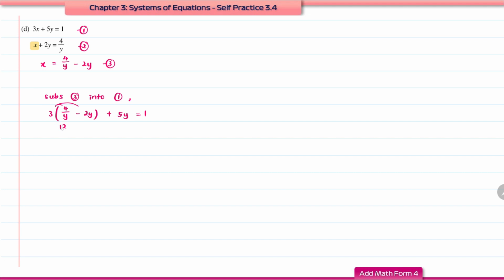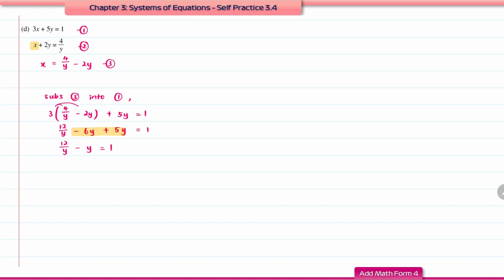Therefore, you're going to get 12 over y minus 6y plus this 5y equal to 1. Now, this negative 6y plus 5y, we can solve it first. So you're going to get 12 over y minus y equal to 1.